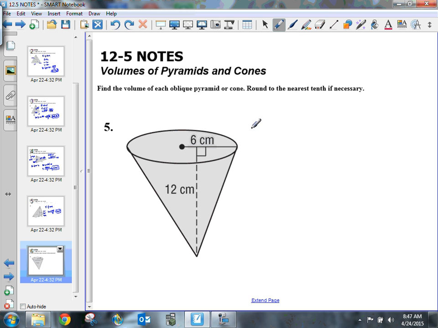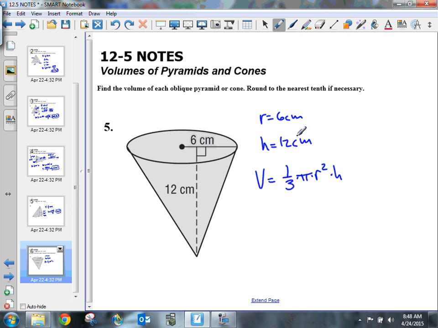Let's take a look at number 5. Number 5, we're given all these measurements. I'm given my radius is 6 centimeters. I'm given that my height is equal to 12 centimeters. My formula for volume is 1/3 times pi times our radius squared times our height.